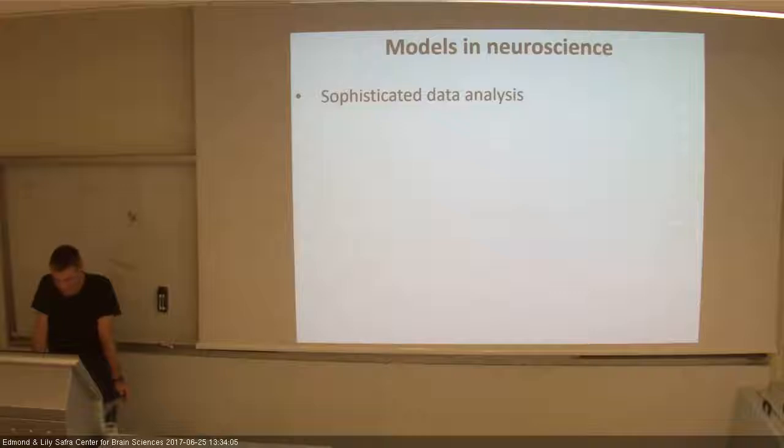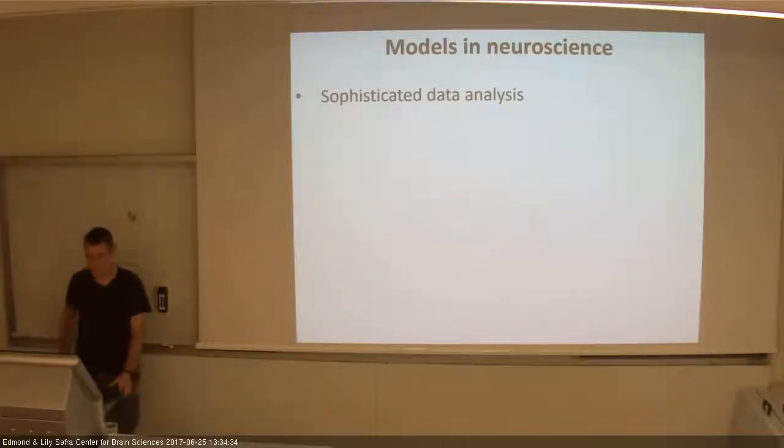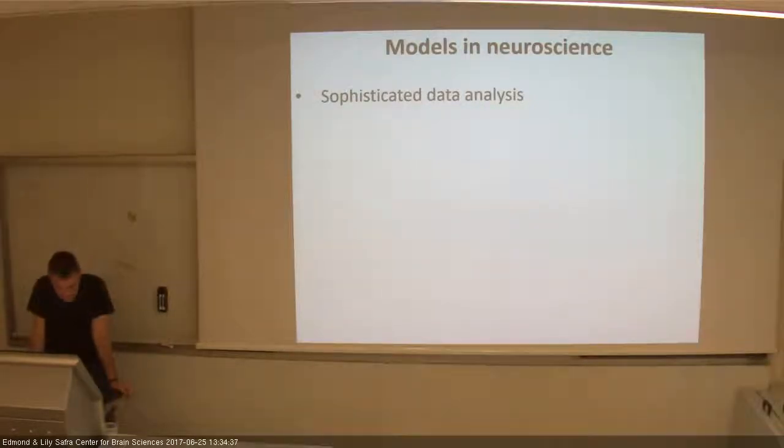I think that there are some things that we gain, and at different levels. So one thing that we gain is it provides us with a sophisticated way of analyzing data. Sounds like something that is not a lot, but for example, when we talked about balanced networks and we talked about computing the CV as a measure of irregularity of the neurons, I don't think that people would have used this measure if not for thinking mathematically about the problem.